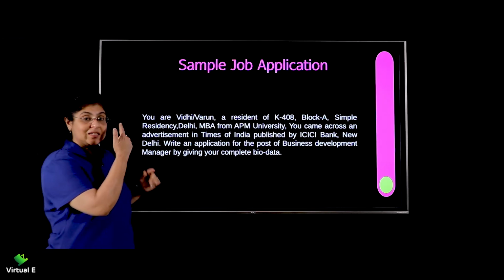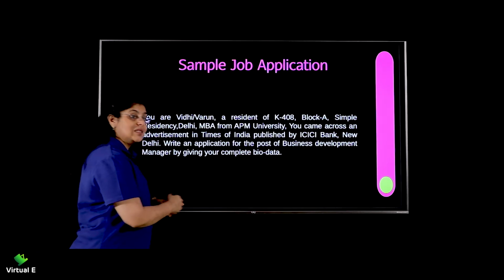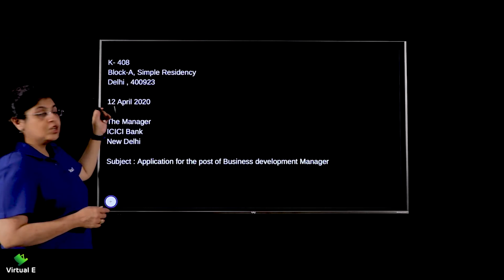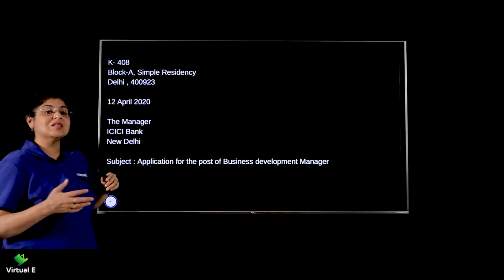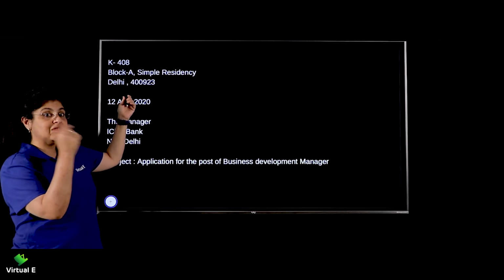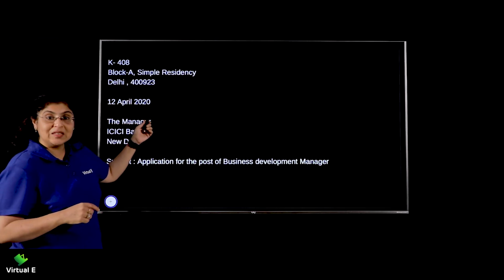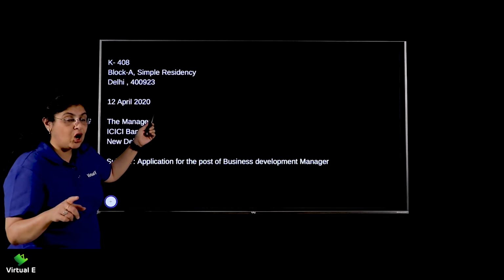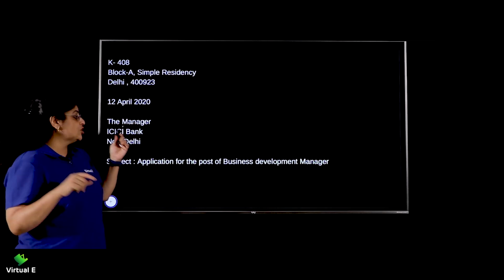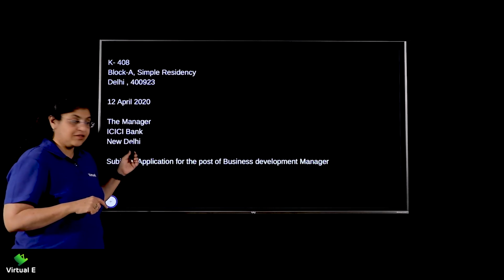Now, whatever we discussed in theory, let's see it in practical. Let's see exactly how we have solved it. So, remember we said the job application is just like a formal letter. This is your sender's address, your address which is given in the question. You will put the date in expanded form, spelling the month. Then you will write the post or the designation. So, you are writing it to the manager and their address.